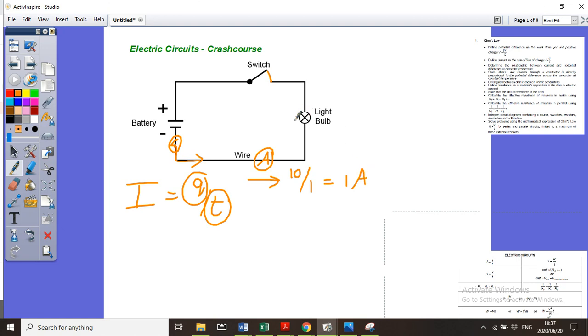And I can sit at the light bulb and count, and I can sit here and count, and I can sit here and count. And every time I'm going to get the same amount of coulombs because there's no other path for them to follow. They have to go like this. That's also called a series circuit, which we get to just now. So in that circuit, no other path.